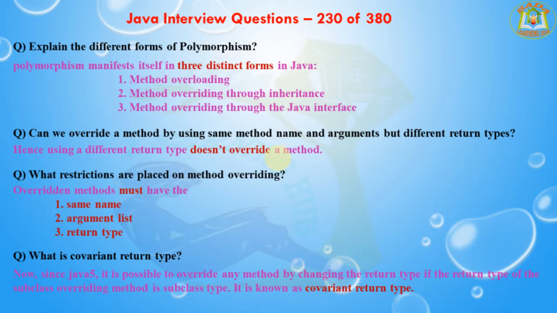The next question is, can we override a method by using the same method name and arguments but different return types?